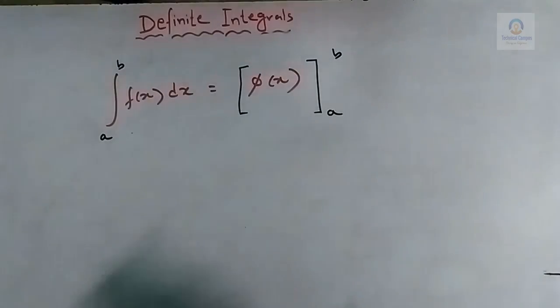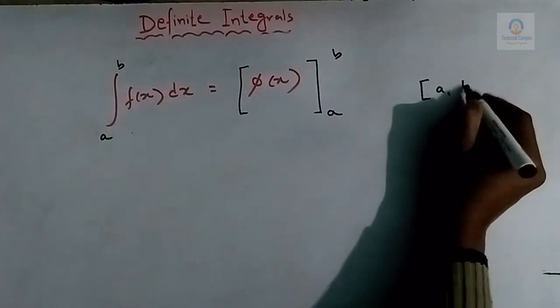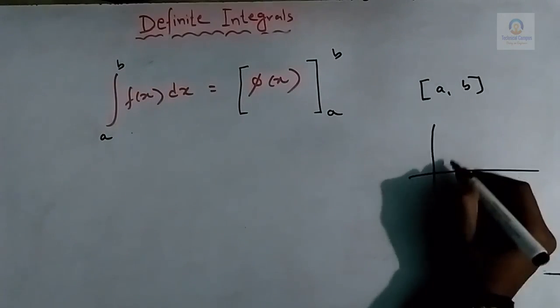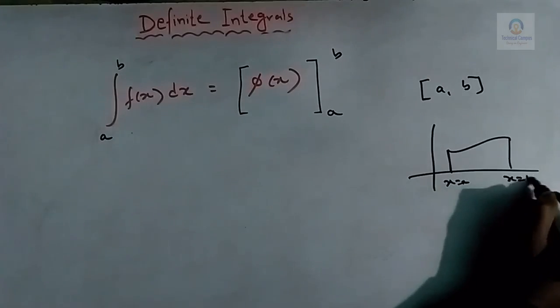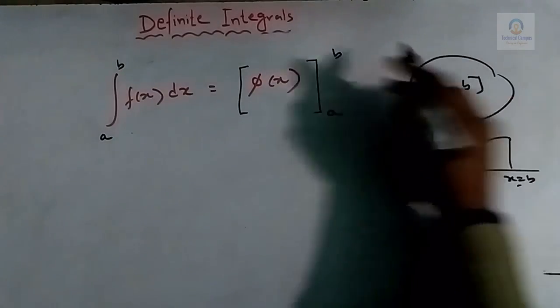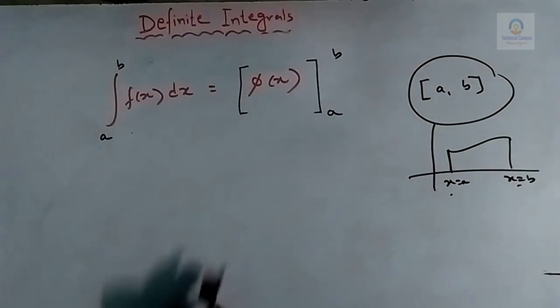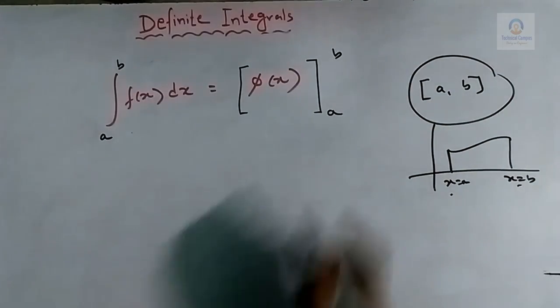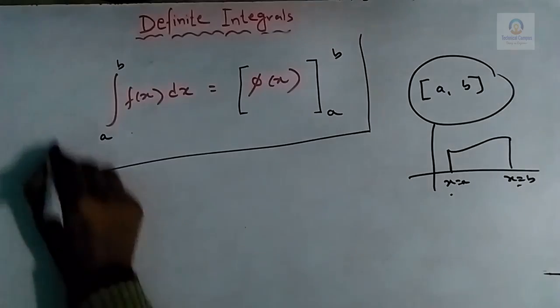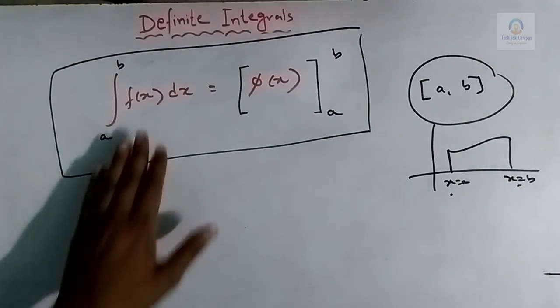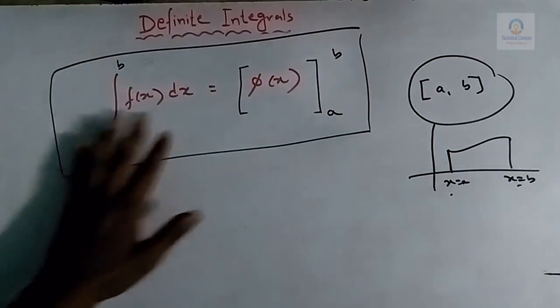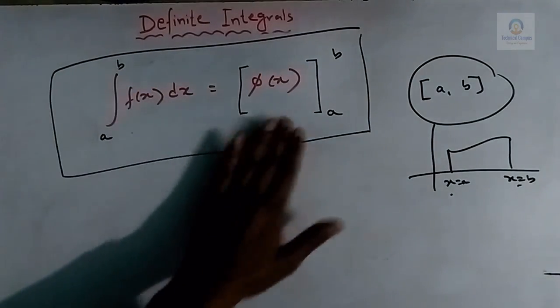This interval is closed because the values of a and b are included. Both x equal to a and x equal to b are included, so we consider this a closed interval. That's why we are taking the square brackets. So this is the way to write a definite integral, the notation for the definite integral of f of x over the closed interval [a, b].